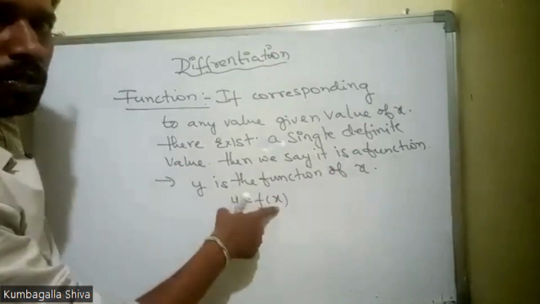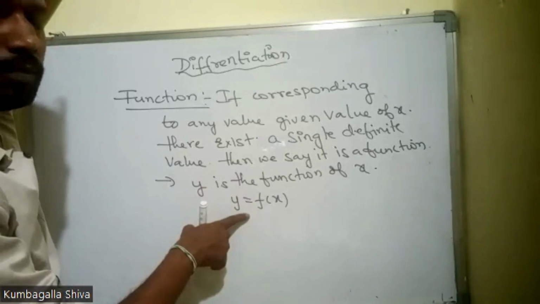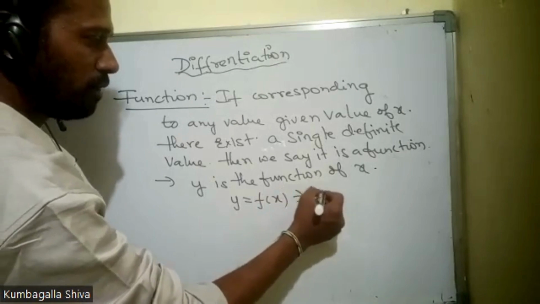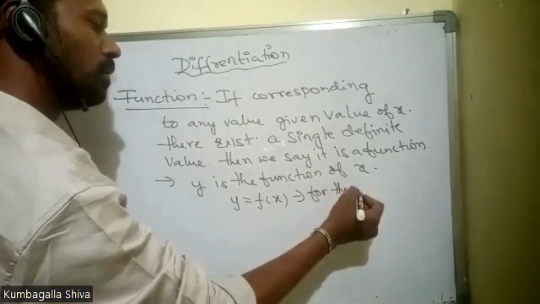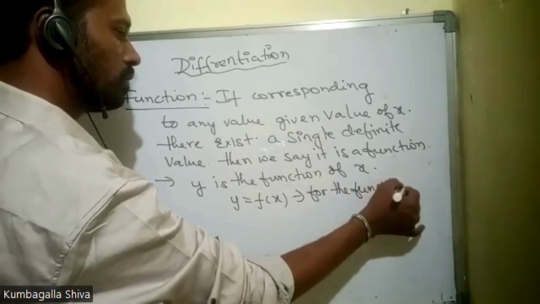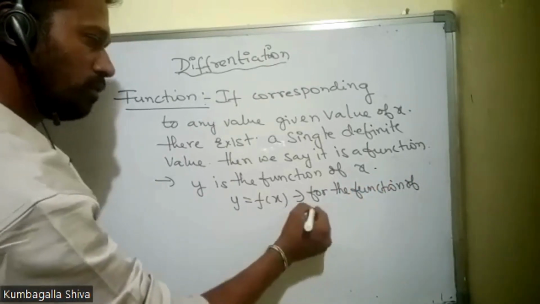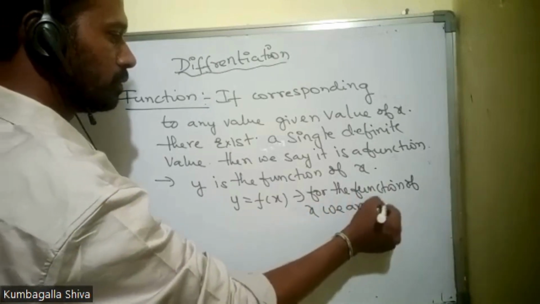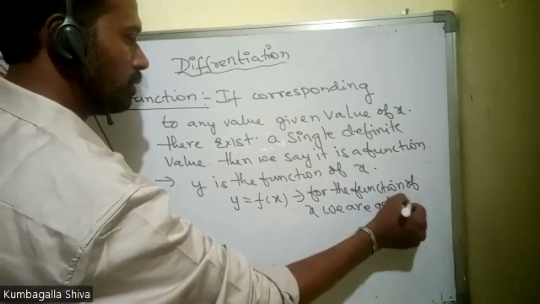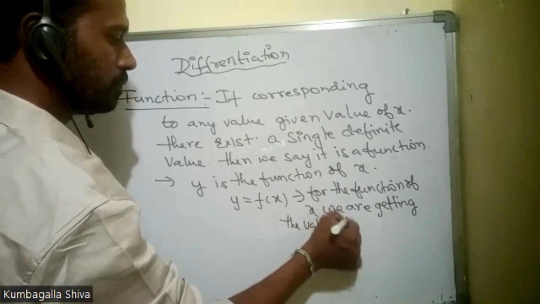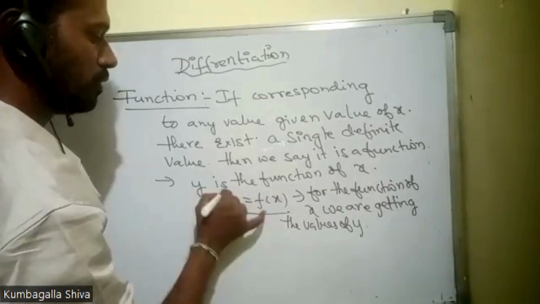For x, you are getting the y values. For the function of x, which is in the form of x, we are getting the values of y. That is the meaning of this equation.